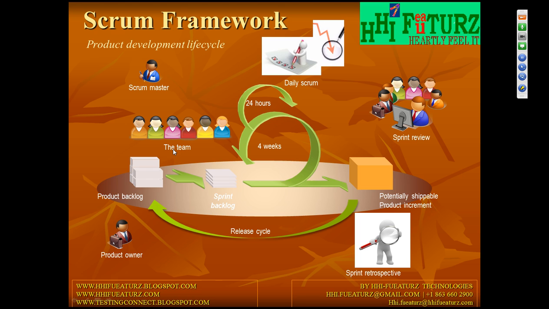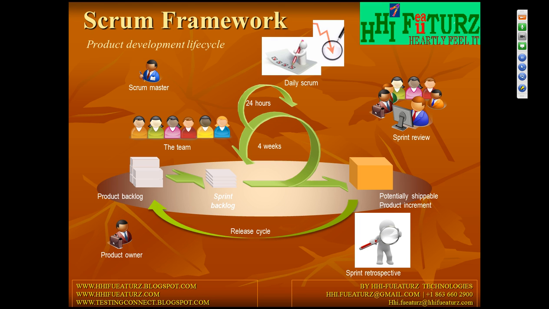So here you have 100 backlog items. How will they name these backlog items? They will give an index, like 101, 102, 105: login one, registration two, compose mail three, inbox four, outbox five, something like that.